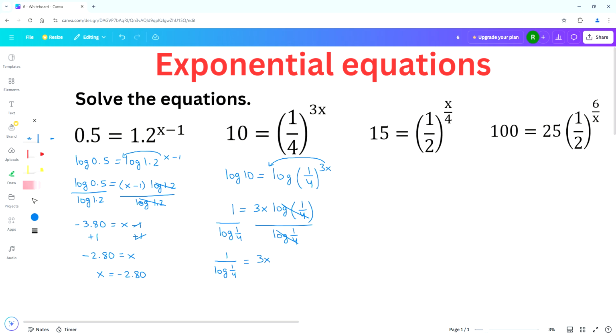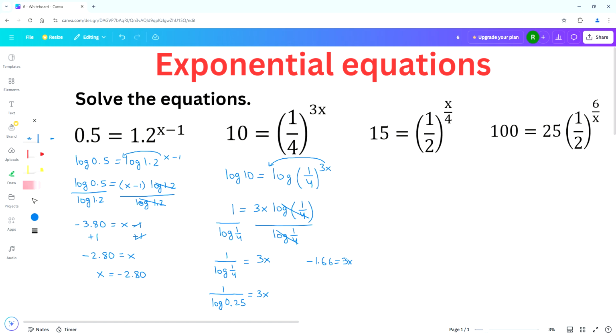One over 4 is equivalent to 0.25. One divided by log 0.25 is equal to negative 1.66, rounded to 2 decimal places.